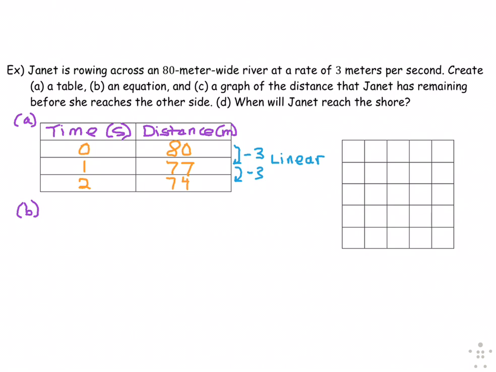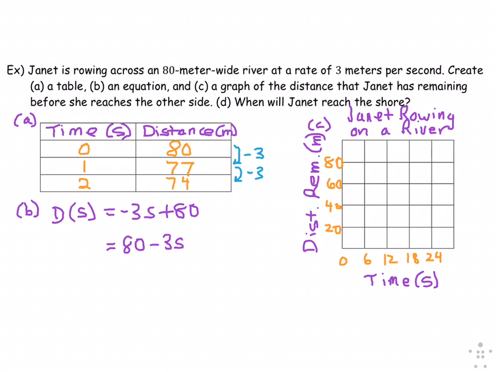So we get an equation that her distance at time s in seconds will equal -3s plus 80. You could also write that as 80 as the starting amount, and then you're chipping away 3 meters per second. So presenting the function in that form tells the story a little bit better.